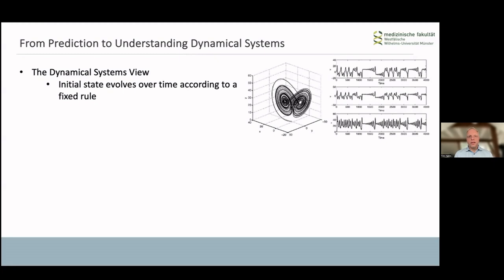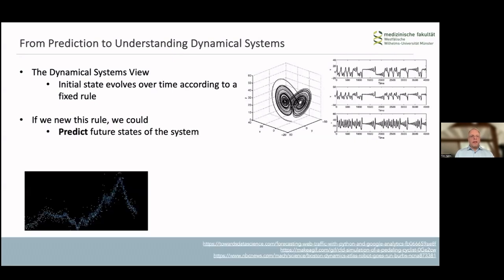And you would have never seen that if you hadn't switched to a state space view of that system. If you hadn't looked at the 3D data as a complex system, or as a dynamical system, it would have been very, very hard to see that from those time series alone. So that view allows us, if we knew that underlying rule, that differential equation that governs the dynamical system, then we could make a prediction about the future of that system.